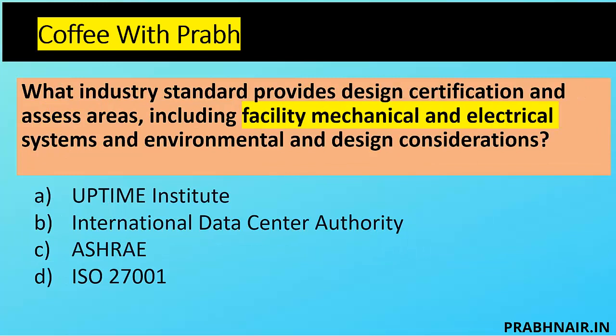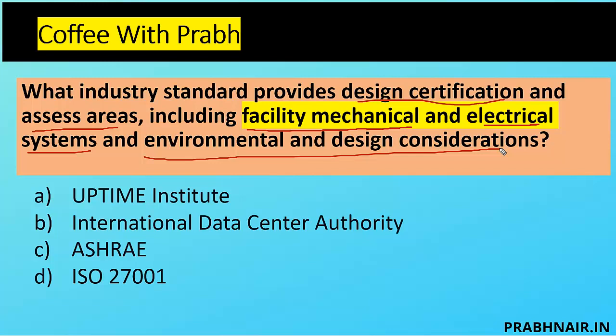Okay, what industry standard provides design certification and assesses areas including a facility's mechanical and electrical systems and environmental and design considerations? So we're talking about which is a standard for providing a certification.